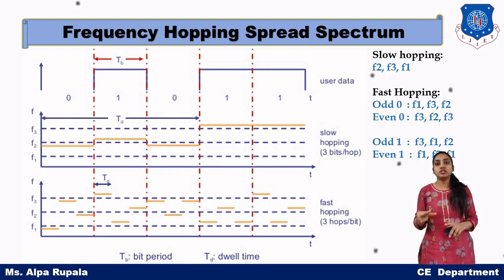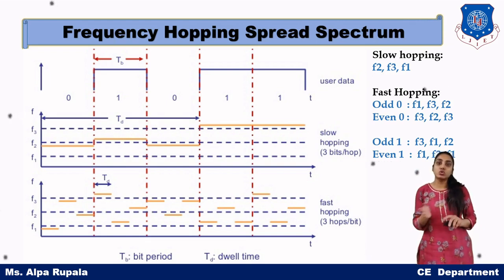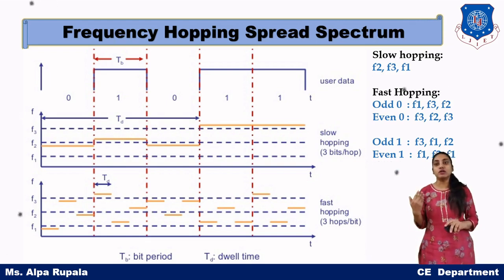My first 3 bits will be modulated according to the F2 frequency. The next 3 bits will be modulated according to the F3 frequency. Then the next 3 bits according to the F1 frequency. Then the pattern cycles again: the next 3 bits by F2, then F3, then F1. Our 3-bit data is sent to the modulation according to this sequence.